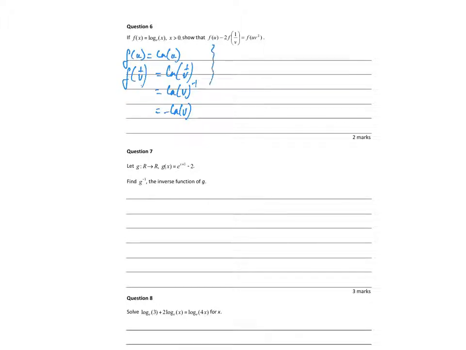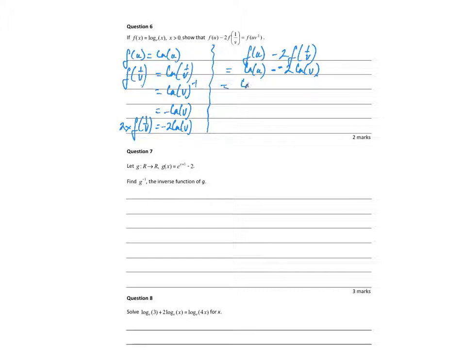So, keeping that in mind, let's multiply that by 2. So 2 times f of 1 on v equals negative 2 natural log v. So there's my equation, f of u minus 2 f of 1 on v. That's equal to f of u, which we said was natural log of u, minus 2 times f of 1 on v, which is negative 2 natural log of v.